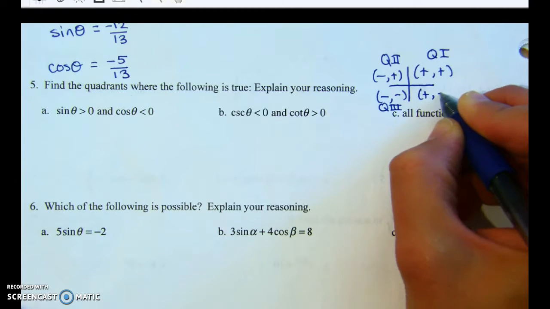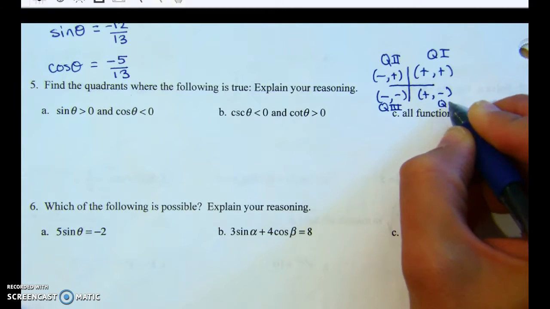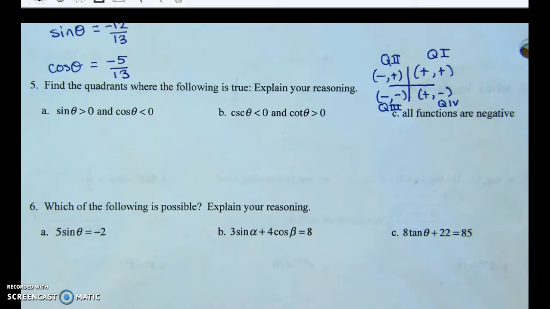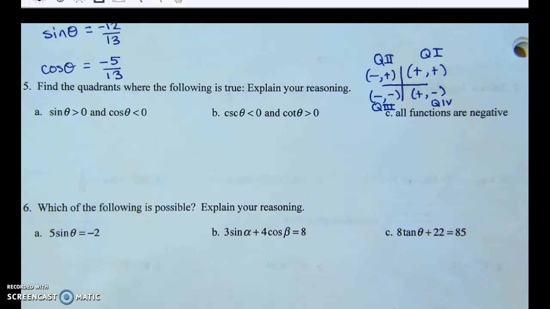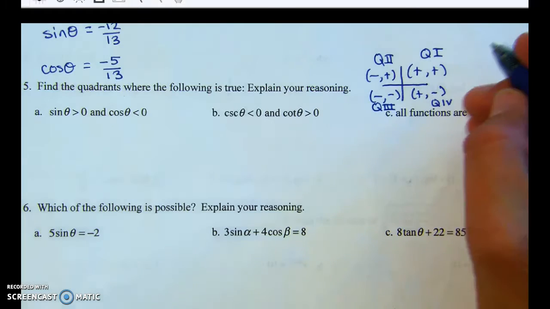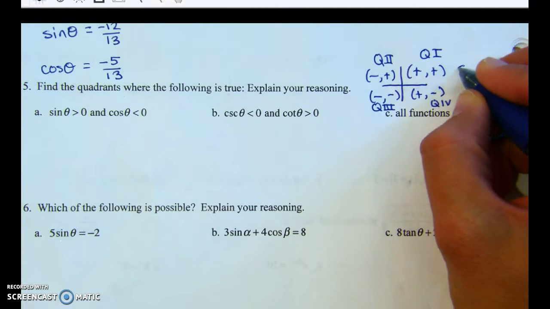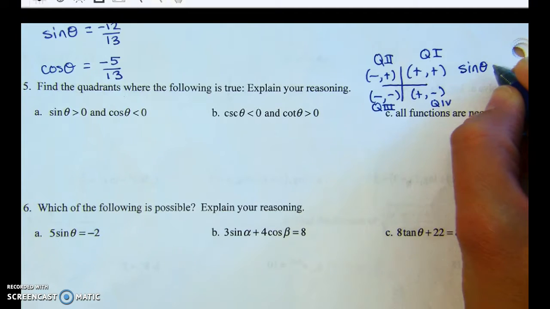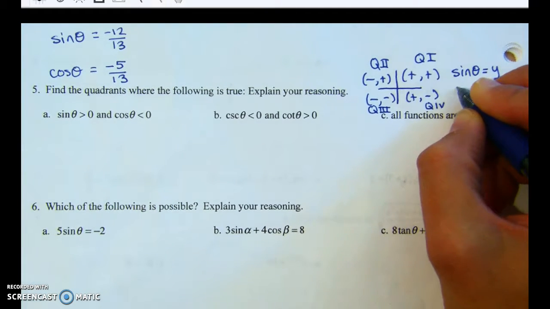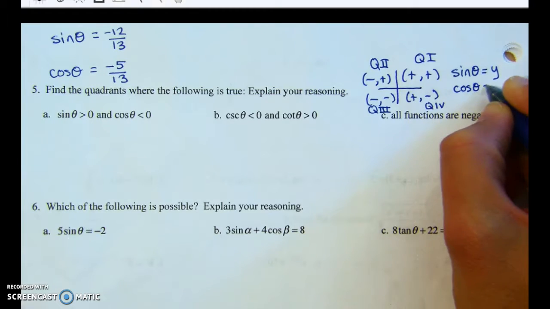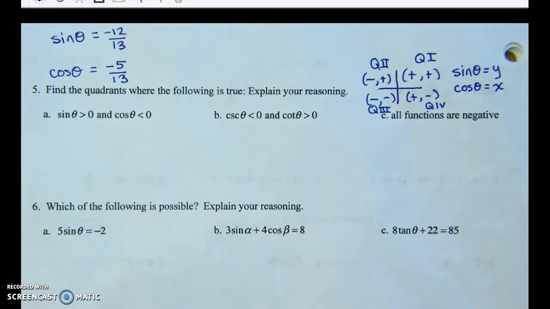And quadrant 4, we have positive, negative. Okay, what else we have to know is what are the trig functions on the unit circle. So what is sine equal to on the unit circle? Every y value, and then the cosine is equal to the x value.